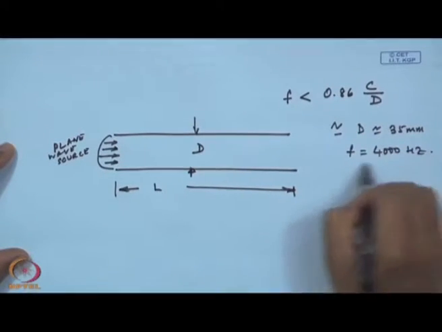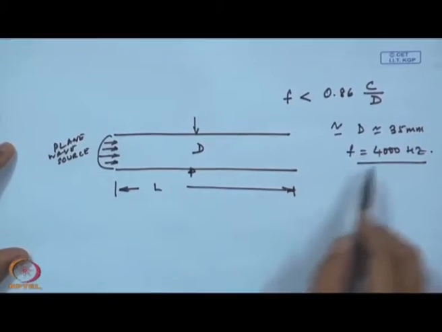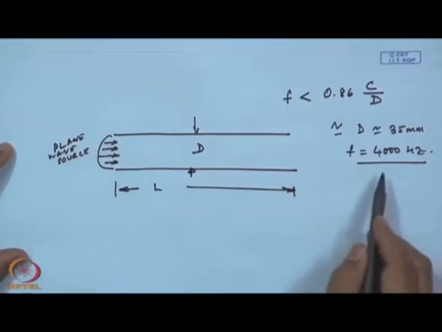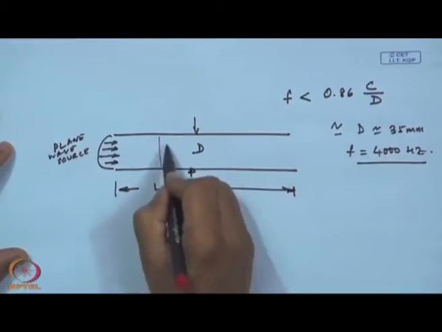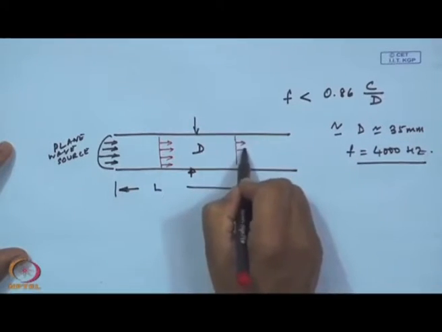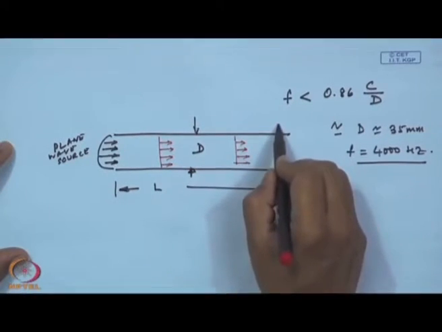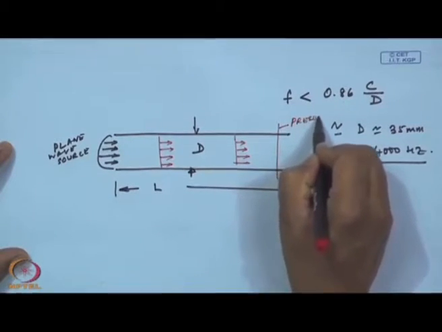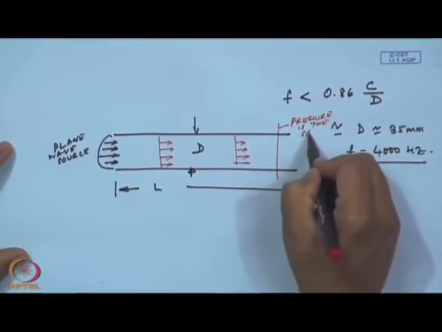So, if I have a plane wave tube of duct diameter 35 mm, then for any source whose frequency is less than 4000, I will have plane waves traveling in this waveform. By plane waves, I mean they are longitudinal and one directional. So, the pressure at any point in the cross section is the same.